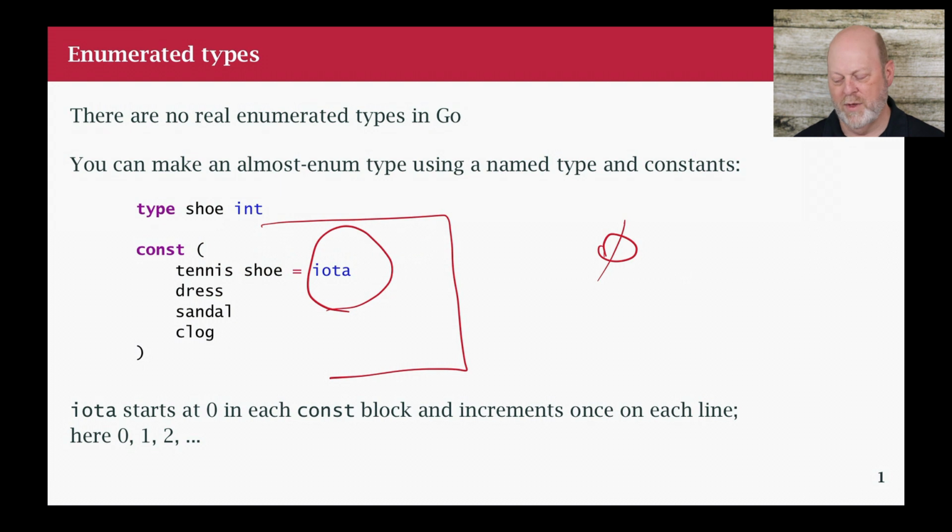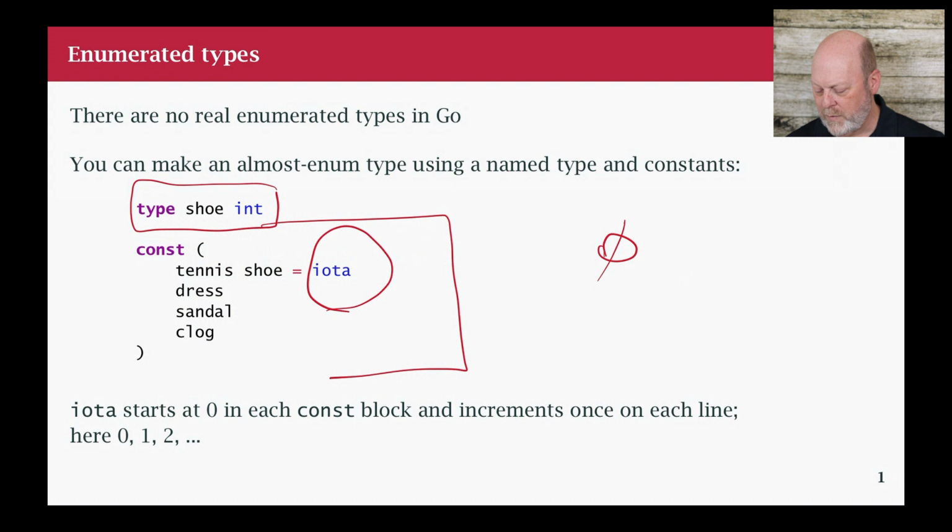So if I look at this, one more thing, and that is I've created a particular type. To separate these enumerated values from ordinary integers, I've given a type here, shoe. Its underlying type is int, so we'll represent them as numbers, but shoes will be distinct from integers in many cases.